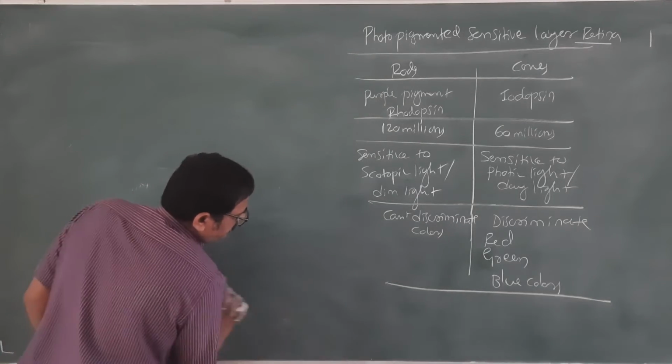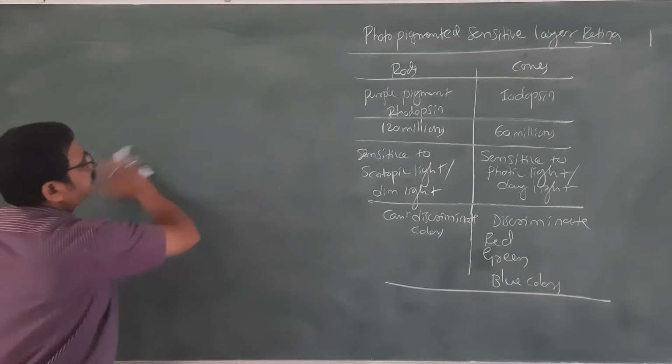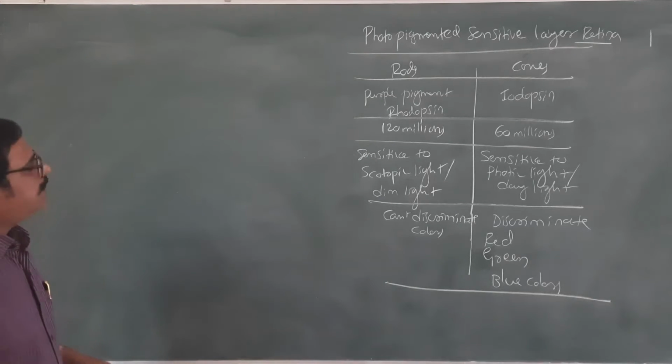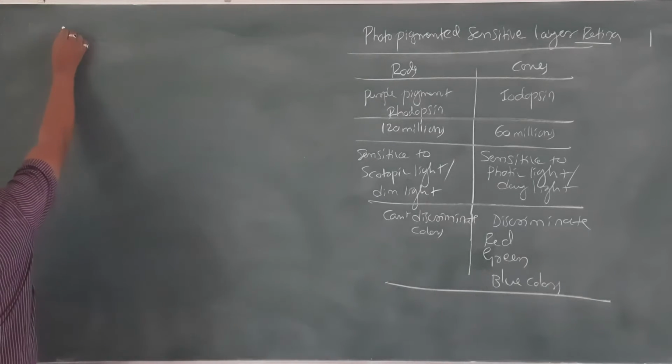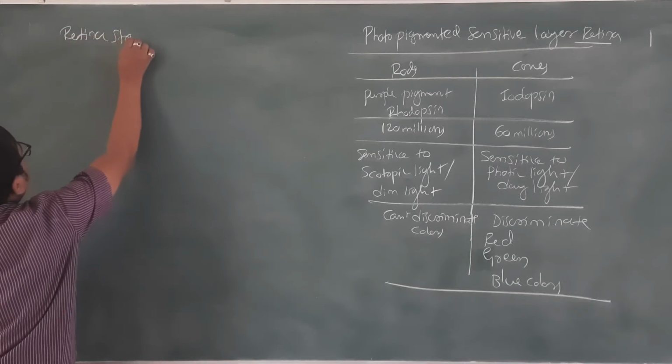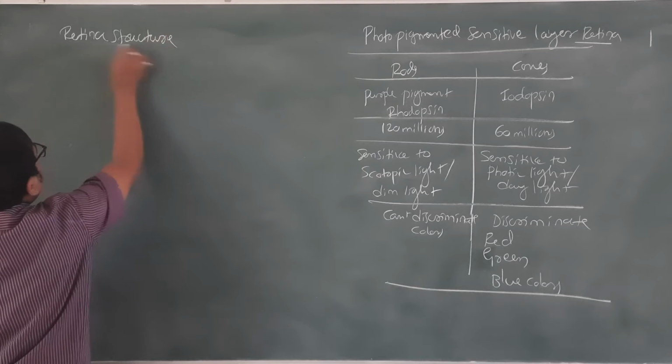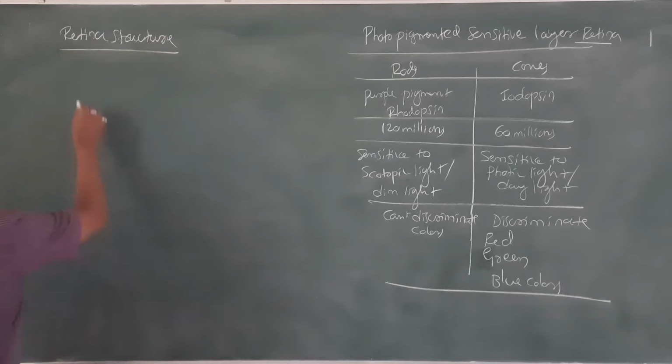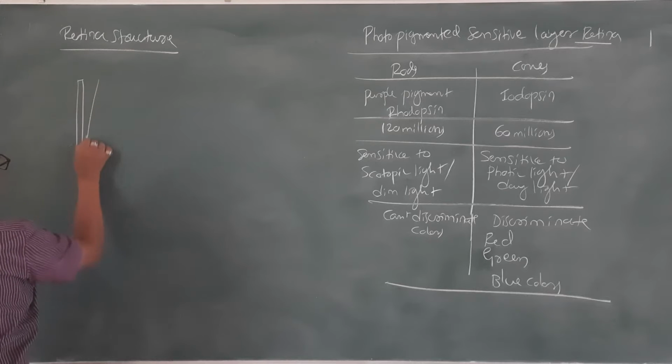When we look into the structure of the retina, it reveals that there are the rod, and then here is the cone.